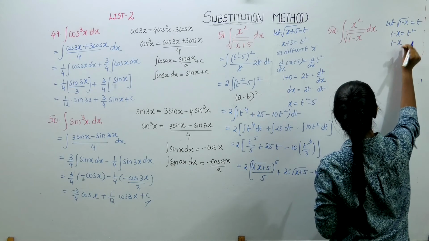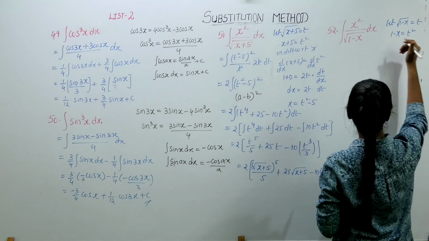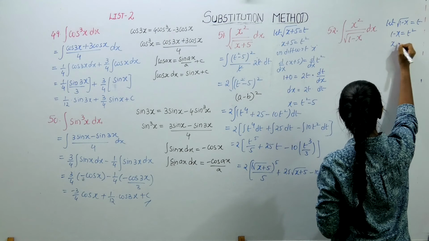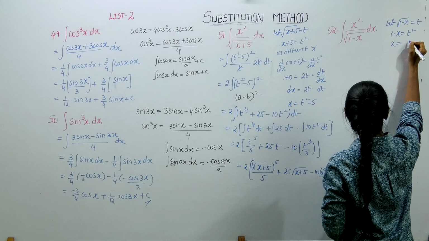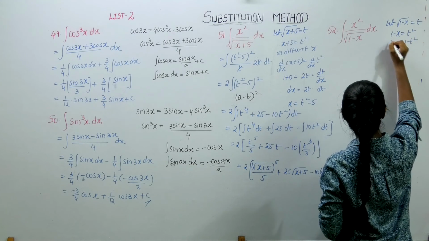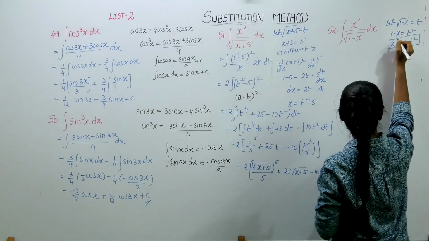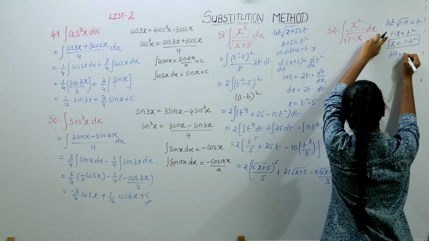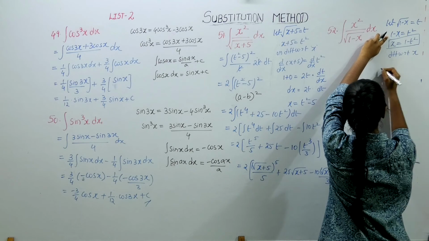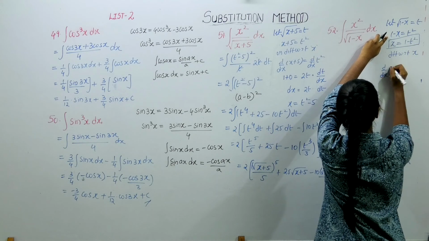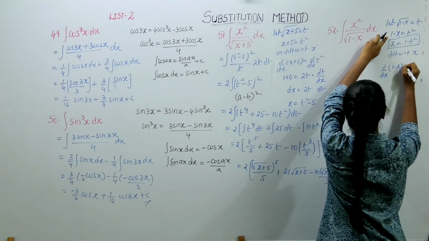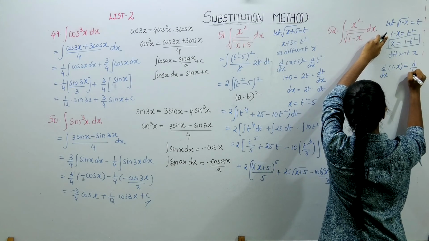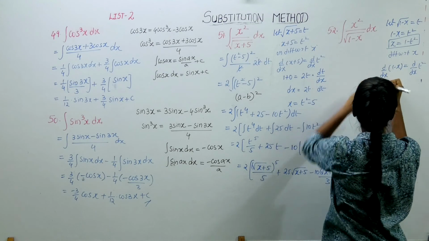We can write x is equal to 1 minus t square. Now, differentiating with respect to x on both sides, d by dx of 1 minus x is equal to d by dx of t square.